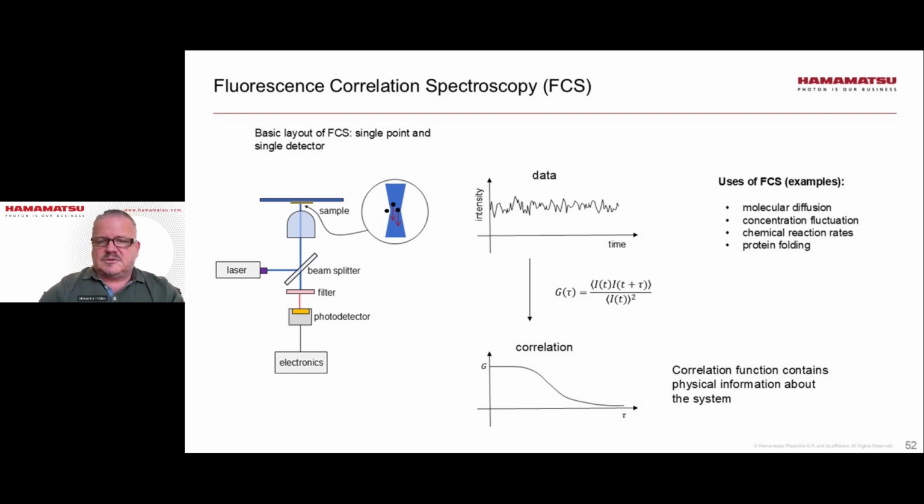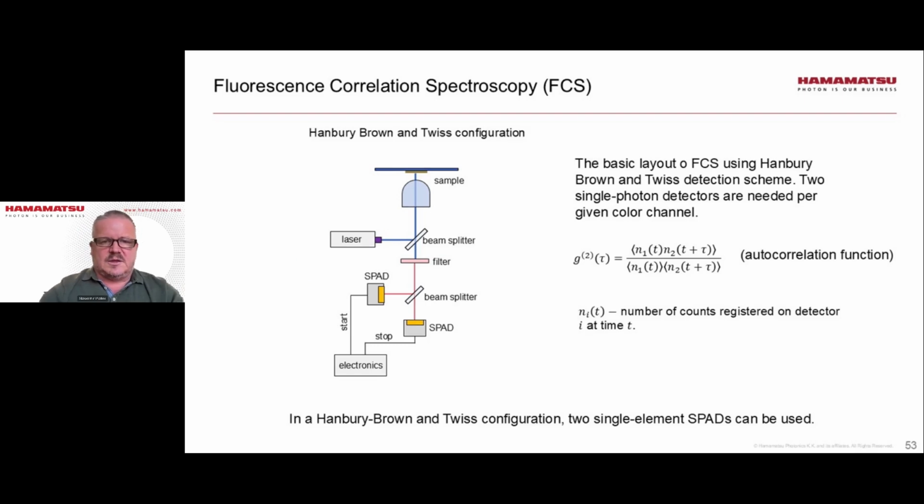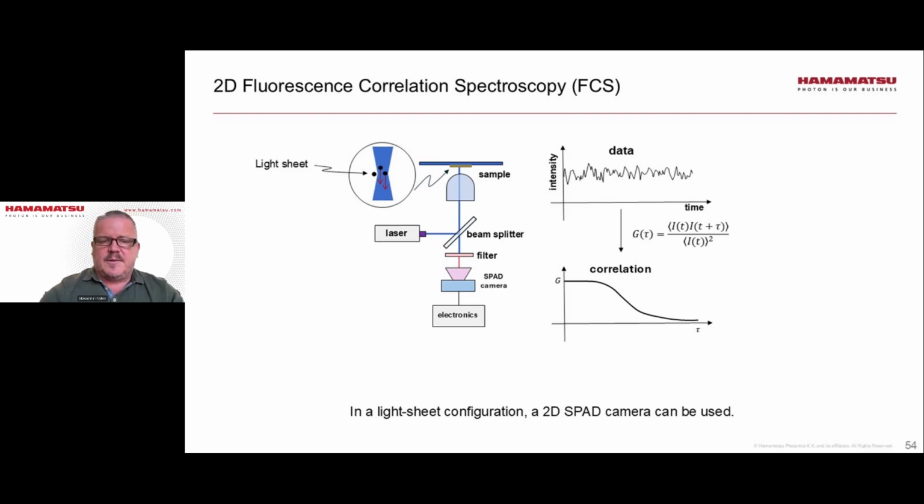Once we obtain this time-dependent intensity, we perform autocorrelation and compare the autocorrelation function to the models depicting the physical phenomenon. These measurements can be done using the famous Hanbury Brown and Twiss configuration, which will use single-element SPADs, or one could use a SPAD camera, where in this case, you can get information from multiple points in the sample, which will be illuminated now with a light sheet.